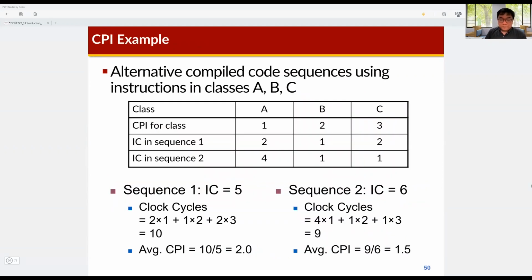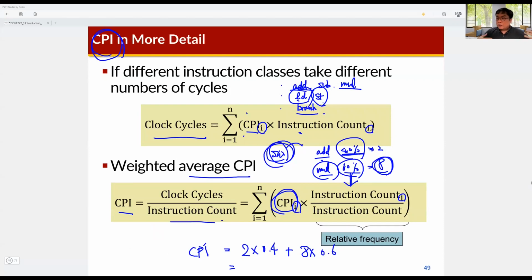It is because different software may have different instruction ratios. I said that different software may have different fractions of instructions, and that's obvious actually.